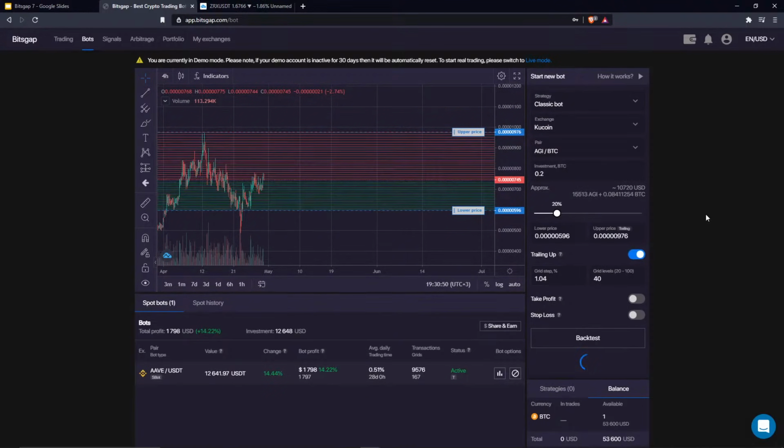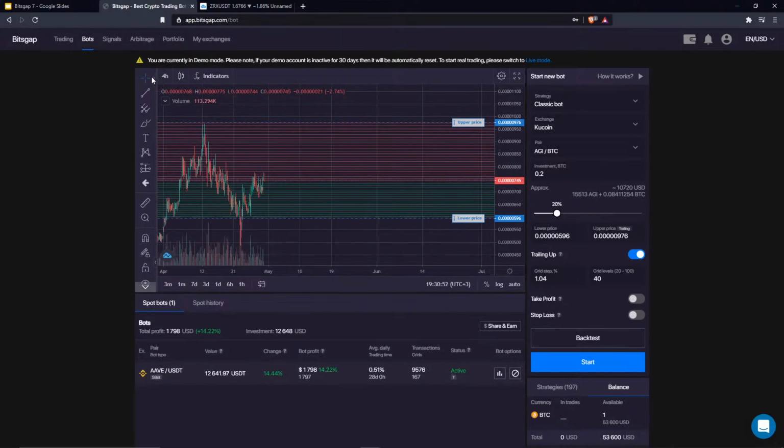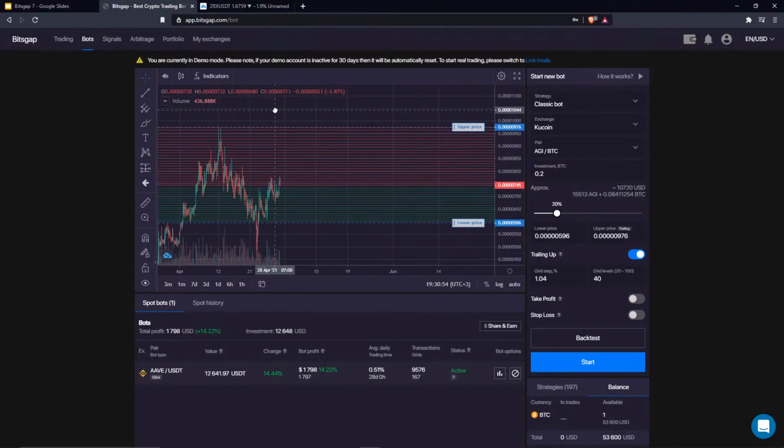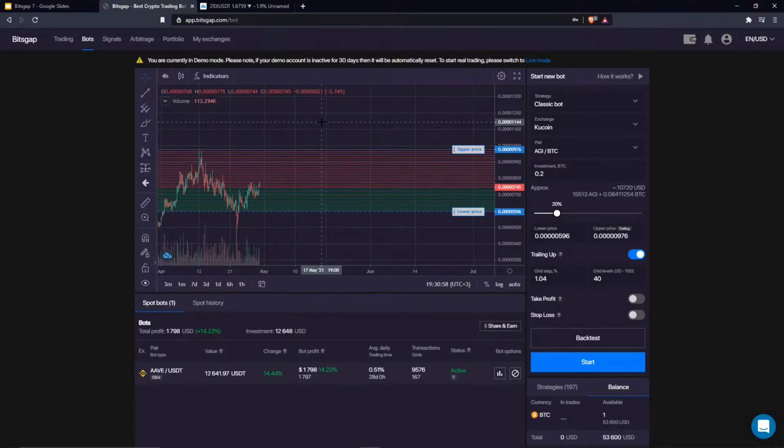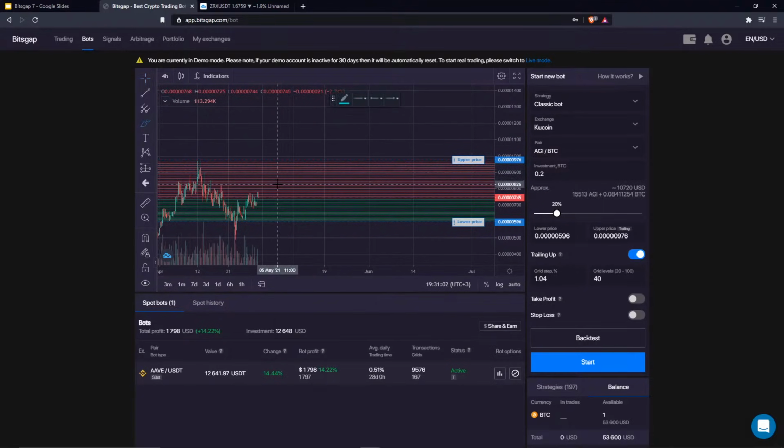Trailing up, for me, is the best feature that maximizes your returns. Remember that the bot trades only within the trading range. As long as the price stays within these boundaries, it's going to execute trades. Otherwise, if it goes lower, this is the area of no trade. And if it goes higher, this is also the area of no trade.